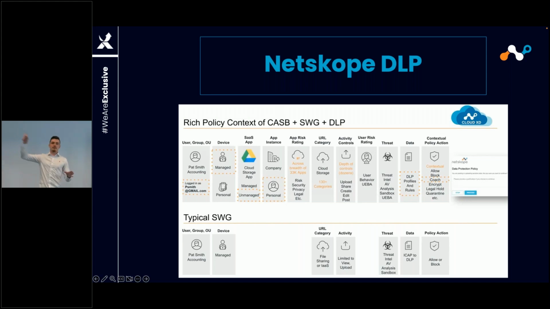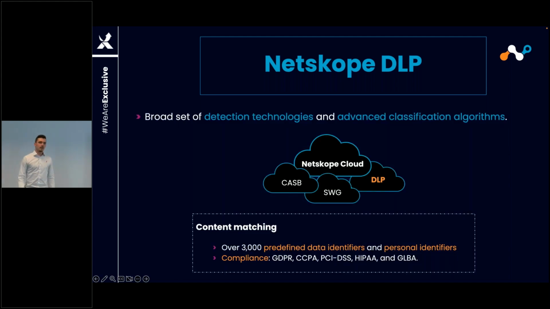And then on top of that, you will have your DLP profile. So hopefully this shows you how easy it is with Netskope to provide you DLP. In addition to that, keep in mind that we have contextual policy actions. So we can, for instance, specify the action to coach, to encrypt, to legal hold, quarantine, and much more, rather than just allowing or blocking traffic.